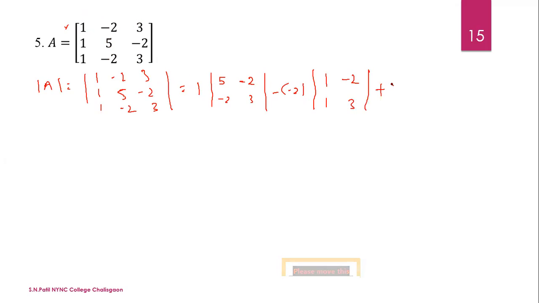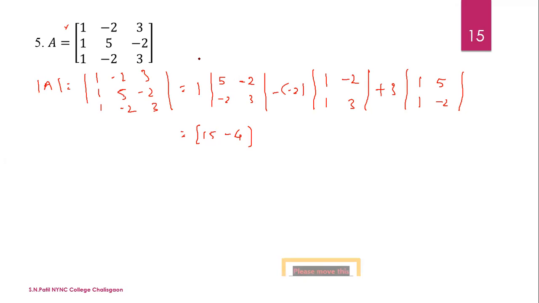Now plus 3, 1, 1, 1, 5, minus 2, is equal to 1 into determinant, so we simplify. 5 into 3, 15, minus, minus, and with this minus sign, there are 3 times minus sign, so keep the minus sign as it is, that is 2 into 2, that is 4.